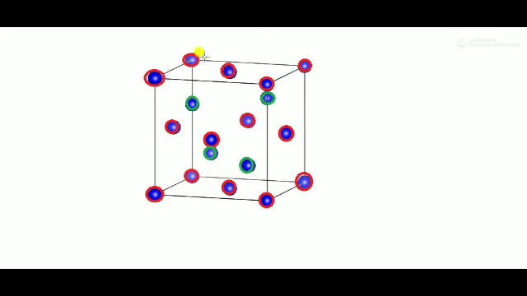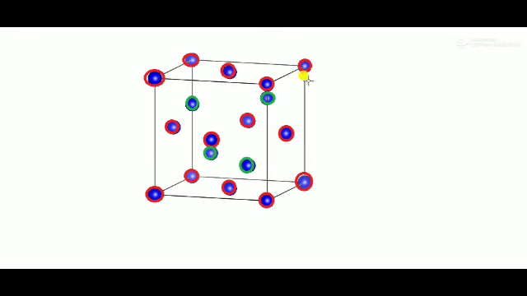So here 1, 2, 3, 4, 5, 6, 7, 8, okay, these 8 corners are equal to 1 atom, and 1, 2, 3, 4, 5, 6 faces, where these 6 are nothing but 6 by 2, because each is at a face, so it is sharing half of the portion with this unit cell and half with another unit cell.